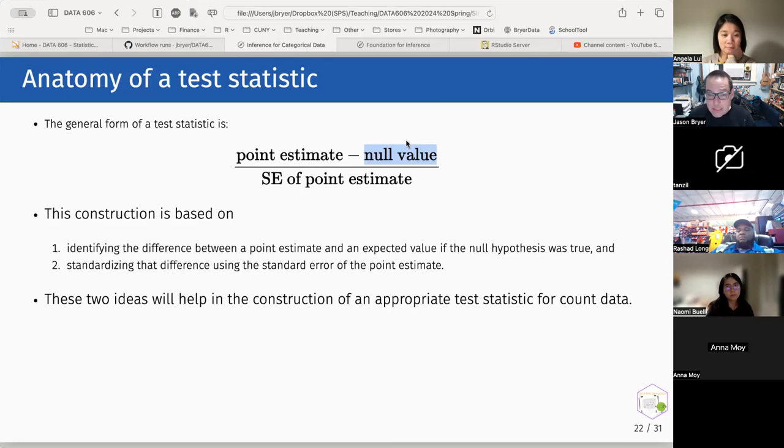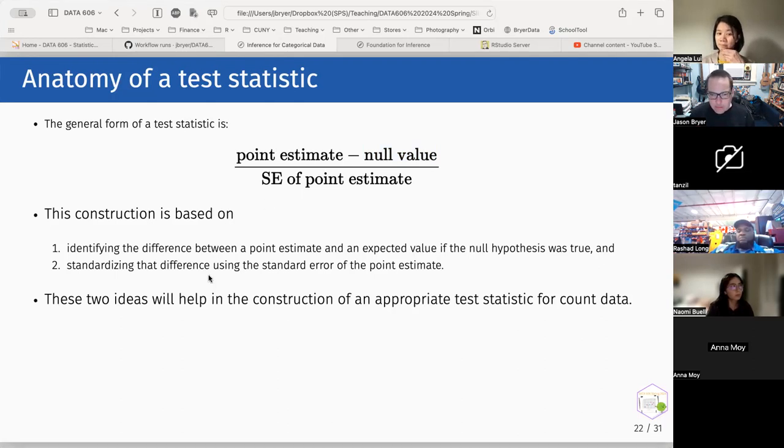A lot of times this gets dropped, but I like to emphasize that it is always there. Sometimes you'll see formulas where it's point estimate over the standard error, but that null is there. Sometimes we drop it because it's 0 and mathematically it doesn't matter, but I think it's a good idea for now to always put 0 to be explicit about what your null is, because it doesn't have to be 0.